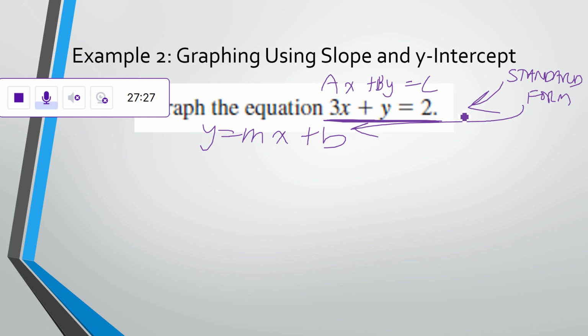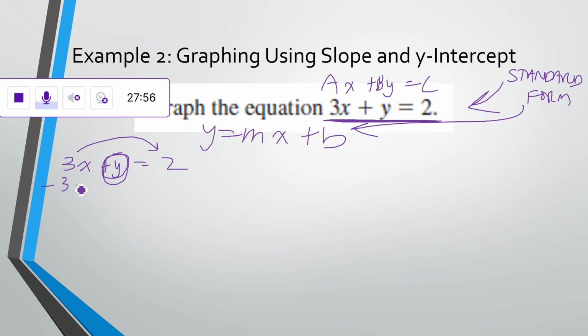And it's very, very easy to get any kind of standard form equation into slope-intercept form, right? And I'll show you guys real quick. So we have 3x plus y is equal to 2. Our main goal is just to get y alone. So how do we do that? We have to move 3x to the other side of the equal sign. We do this by doing inverse operations. 3x is positive and it's being added with y.